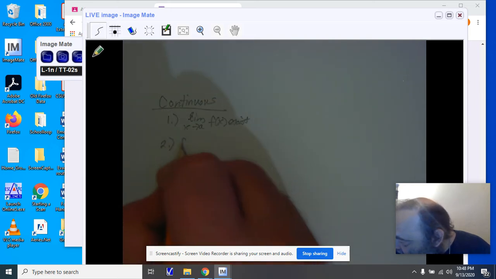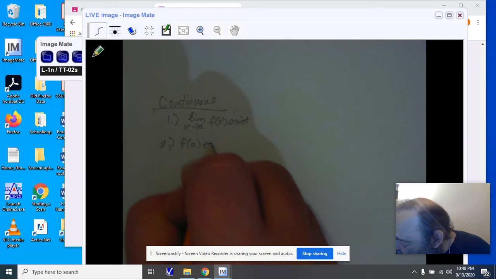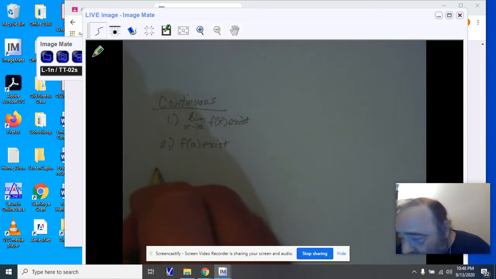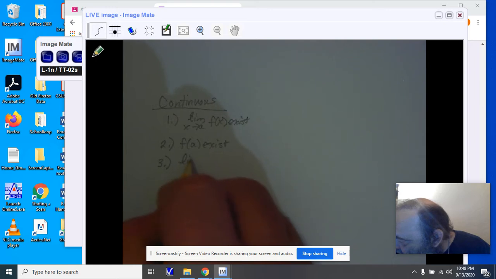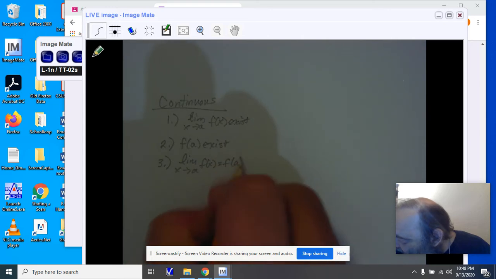The second is that f of a exists for all values of a in the domain. And the third is that the limit as x approaches a for f of x must equal f of a.